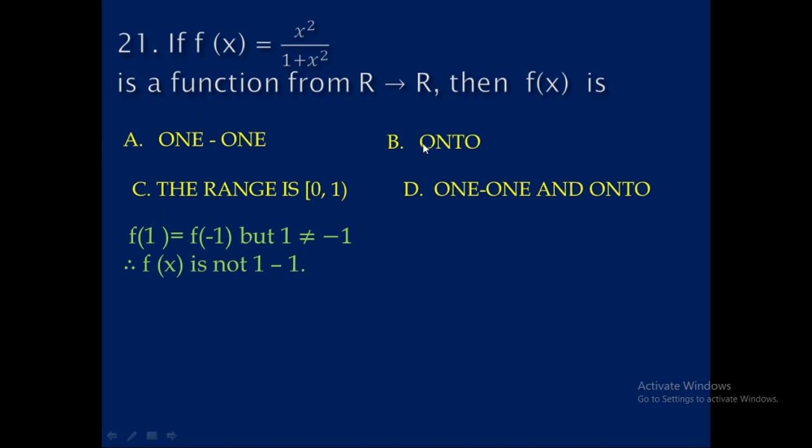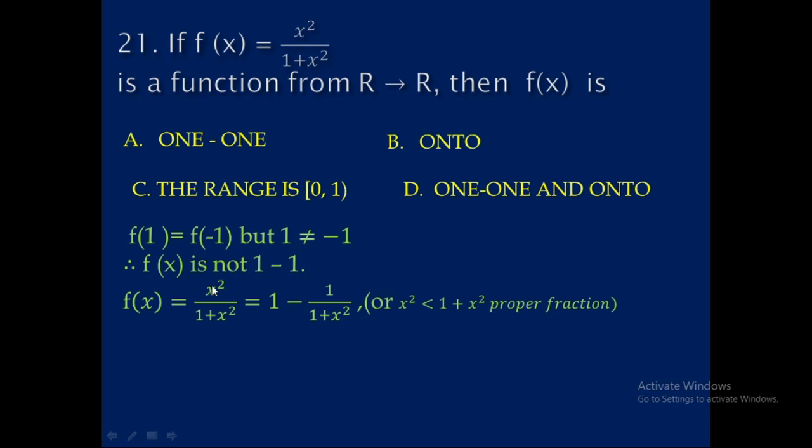Now, onto, or the range of this function equal to 0 to 1. Here you know that for a square function, the range is always non-negative real numbers, greater than or equal to 0. Put x equal to 0, then its value is 0. And x square is always less than 1 plus x square, because x square is a positive quantity, and adding 1 to x square gives something greater than x square.